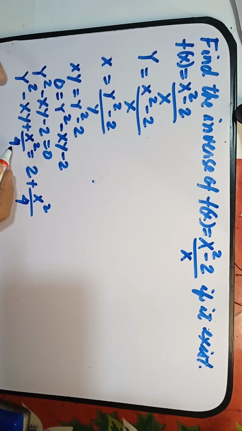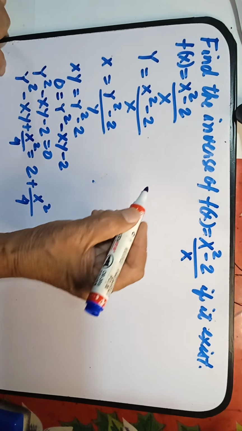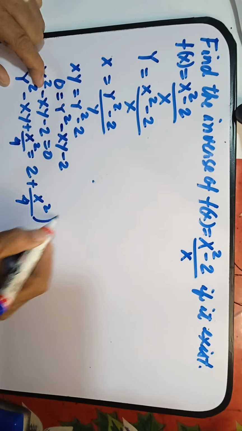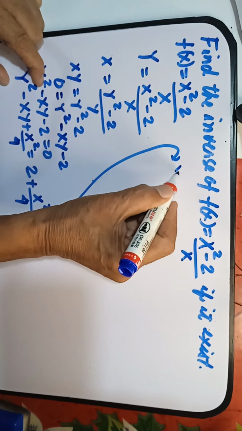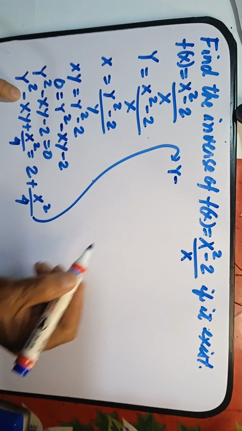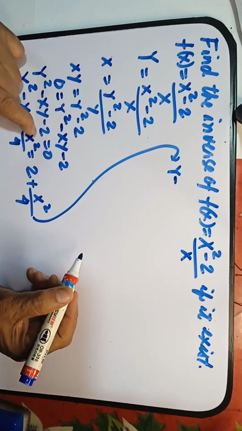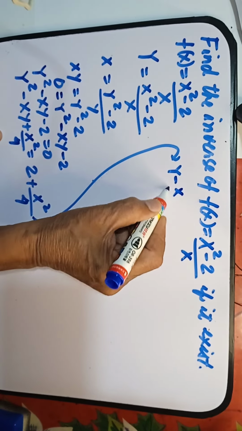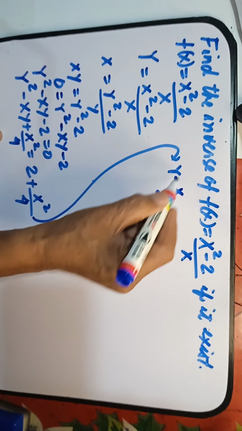So we can now express this as the square of a binomial. The square root of y square is y. Adopt the sign of b. And the square root of x square over 4 is x over 2.